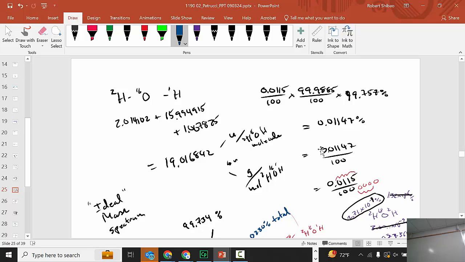And then move this 4 places over, so this would be 10 to the 6. So 115 out of a million. So that's 115 parts per million of the hydrogens will be H2. And then over here, 999,885 out of a million will be H1. And then we have our O16 at 99.757.